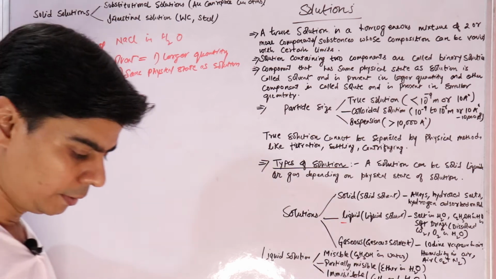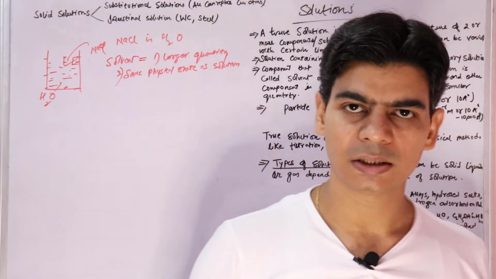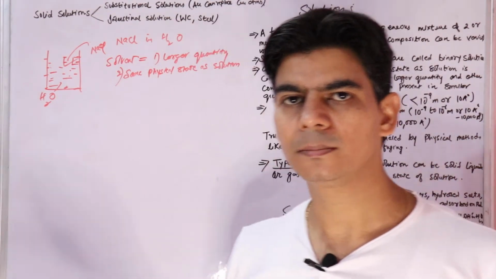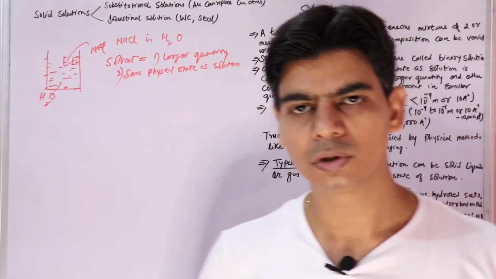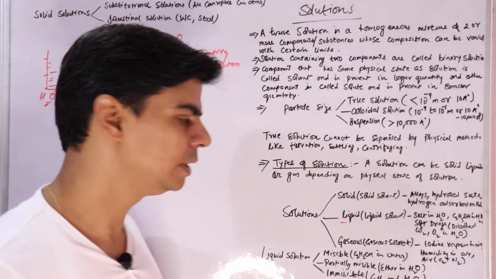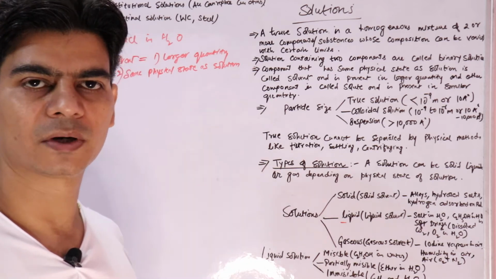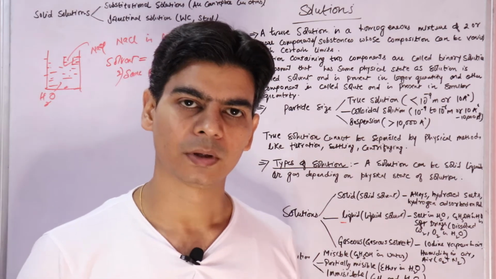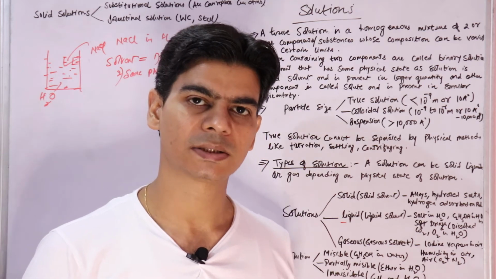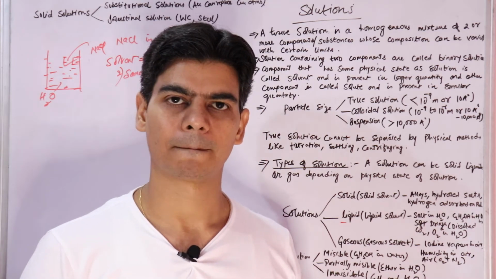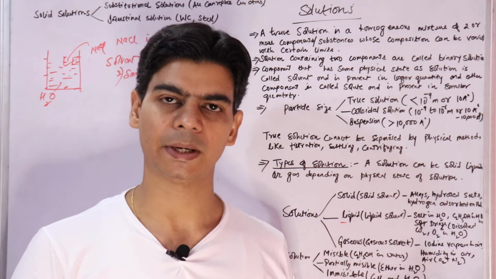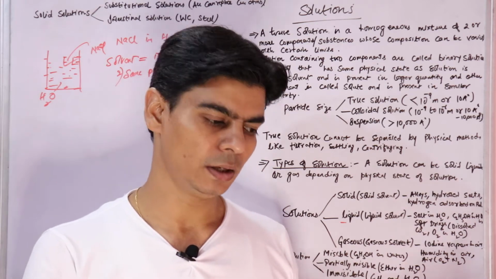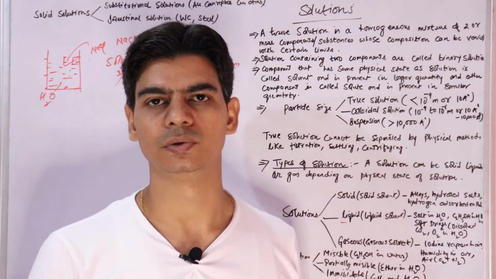Now we will talk about particle size. For all true solutions, the particle size is up to 10 to the power of minus 9 meter, or 10 angstrom. If the particle size is bigger than this, it is counted as a colloidal solution.